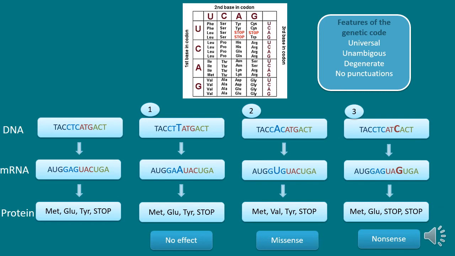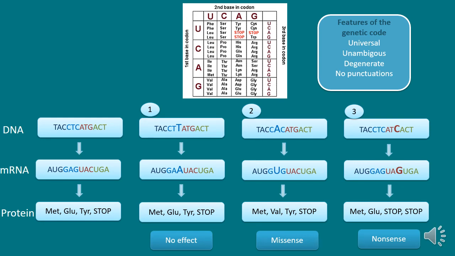It is possible because of the degeneracy of the genetic code. Do you know what's meant by the degeneracy of the genetic code? It means that the same amino acid can be called by different codons. In this case, glutamate can be called by the codons GAA and GAG.